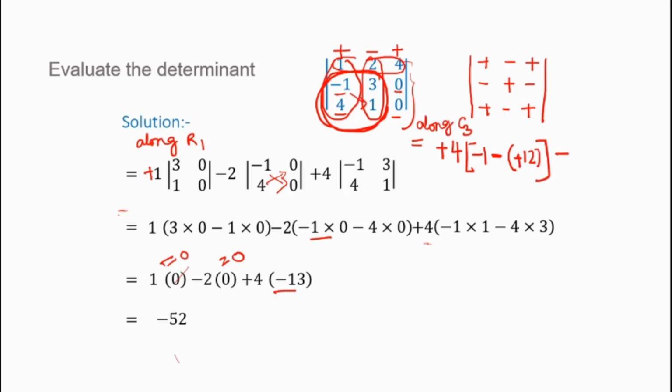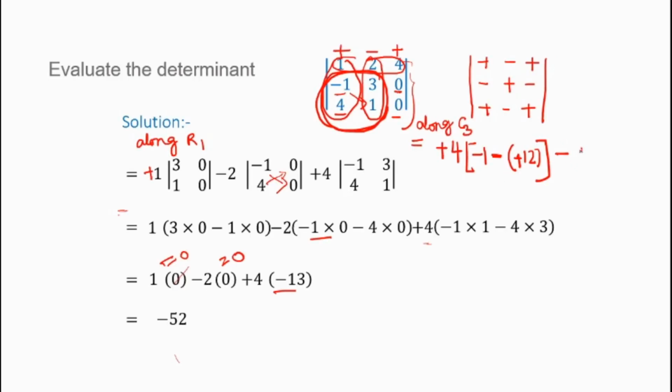The remaining elements are 0 0, so no need to write them, because the determinant multiplied by this element 0 will also be 0. Therefore we have only one term in the expression when evaluating the determinant. So we get 4 into minus 1 minus 12, that is minus 13, and that is minus 52.